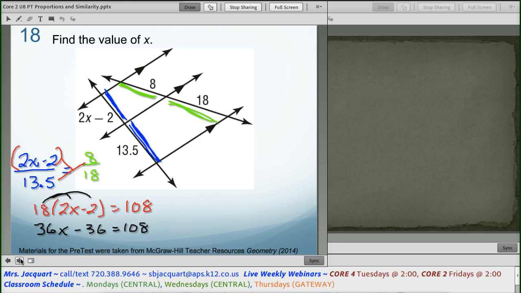Add 36 to both sides. So then I get 36x equals 144. Divide both by 36. And x equals, I think, 4. Yes.